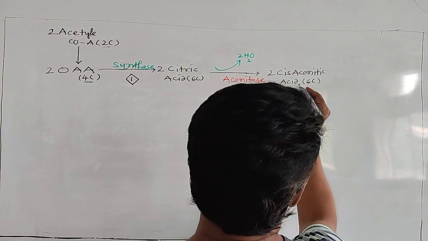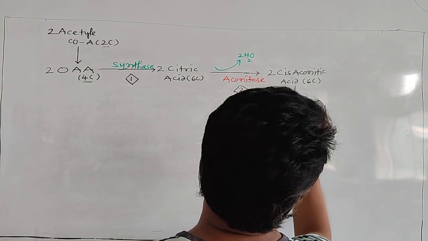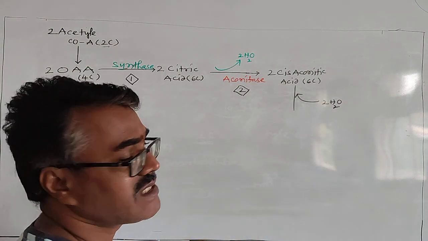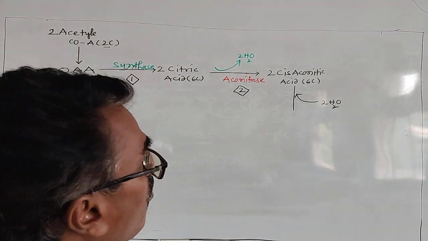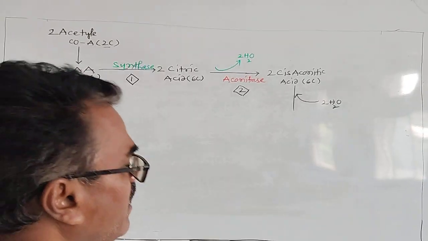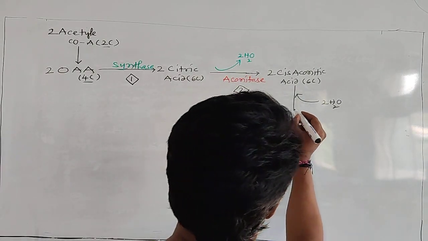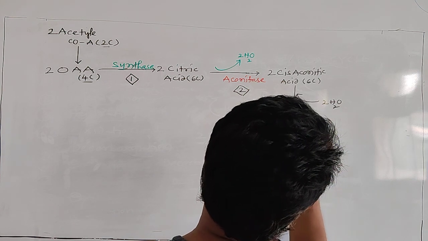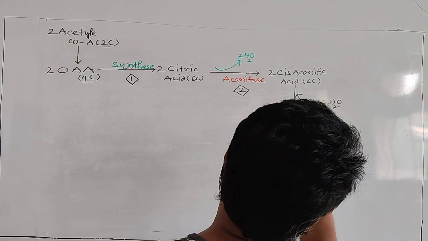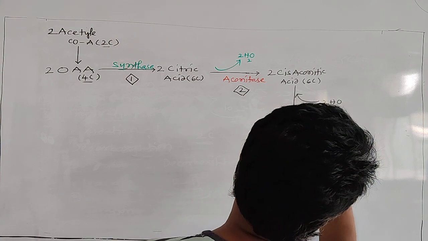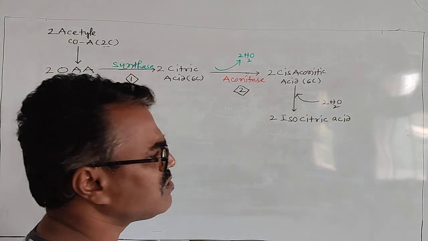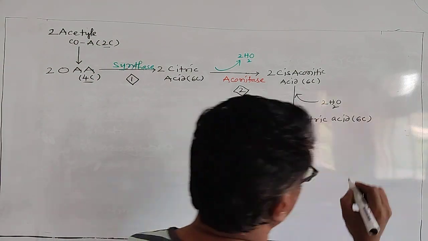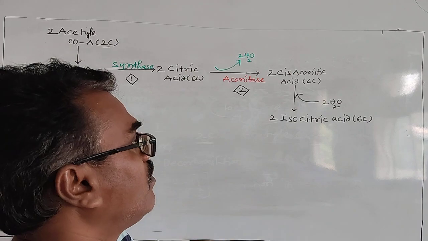The 2 moles of water are added to the cis-aconitic acid, resulting in the formation of 2 moles of isocitric acid, a 6 carbon compound.